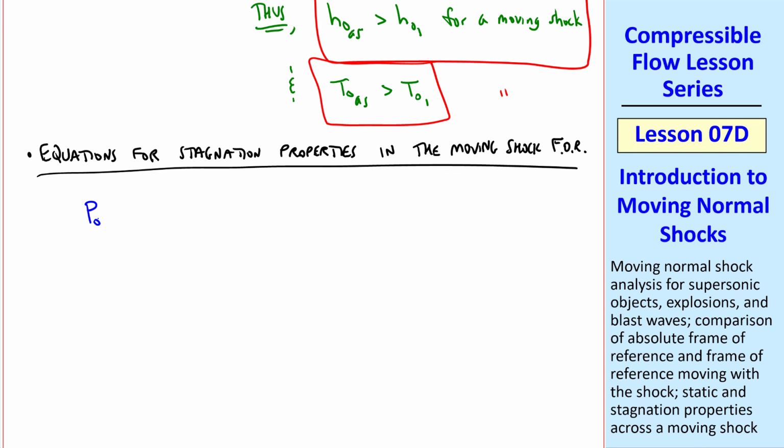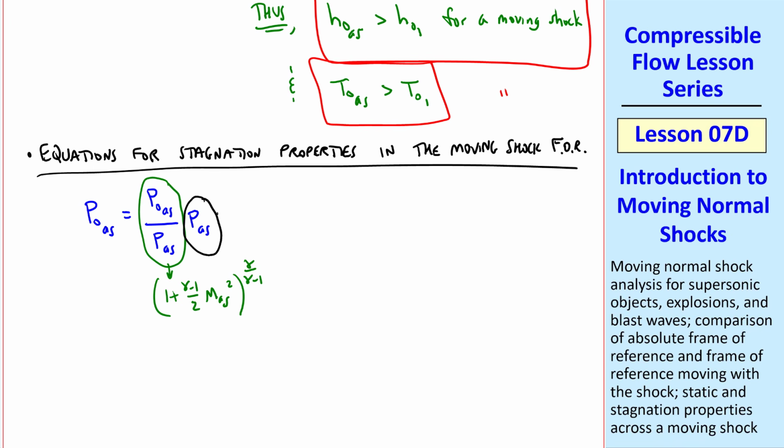Take stagnation pressure, for example. P0 after the shock, using ratios, is P0 after the shock over P after the shock times P after the shock. Well, this just comes from our isentropic relation in terms of MAS, the same isentropic equation we've been using for a long time. But this static property PAS is the same as P2 in our stationary shock frame of reference, since it's a static property that doesn't change with frame of reference.